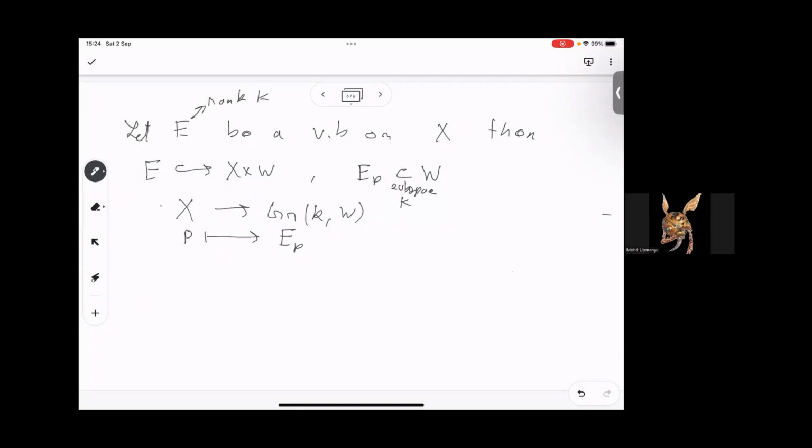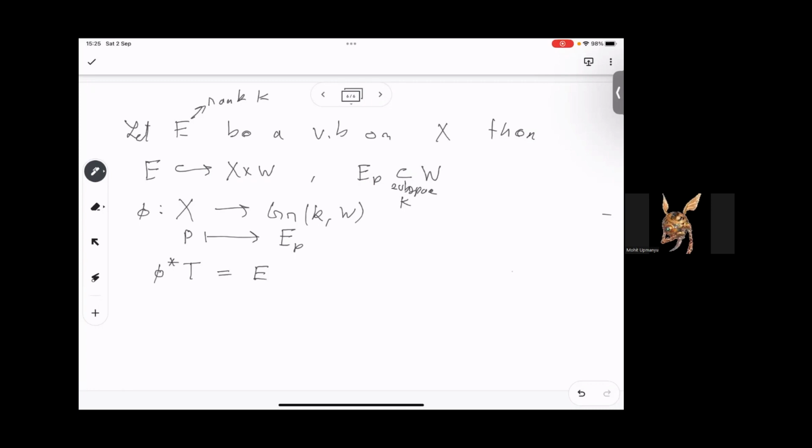Now, one thing to note about this map is that we can recover the whole original vector bundle from this. If we pull back the tautological bundle from here, we will get back E. Because the tautological bundle is sitting inside the trivial bundle, and when we pull back, for every point p, you get a particular subspace of W. What is that subspace?